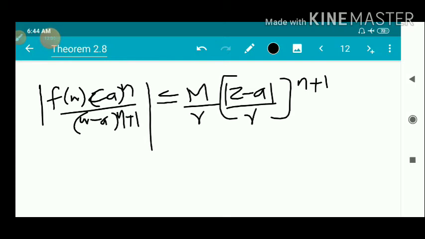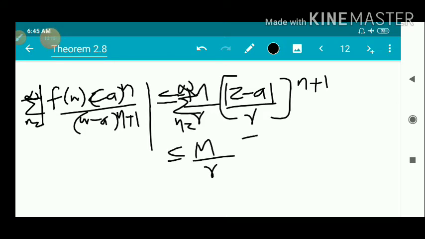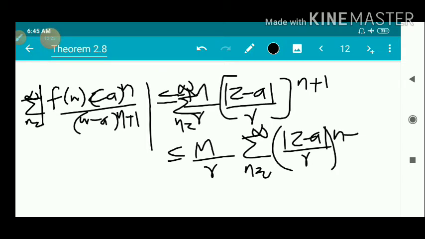Now applying sigma on both sides, we get sigma n equal to 0 to infinity. Also here sigma n equal to 0 to infinity. Here M by r is a constant, so sigma n equal to 0 to infinity (mod z minus a divided by r) whole raised to n plus 1.